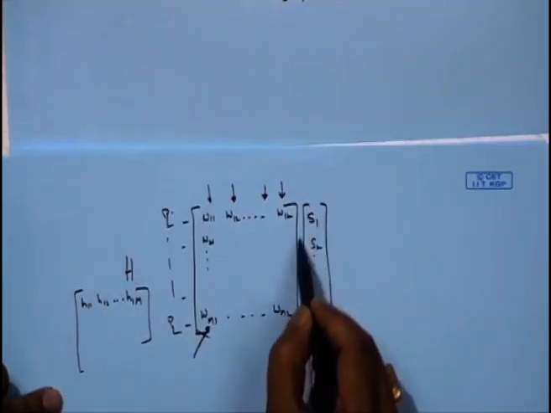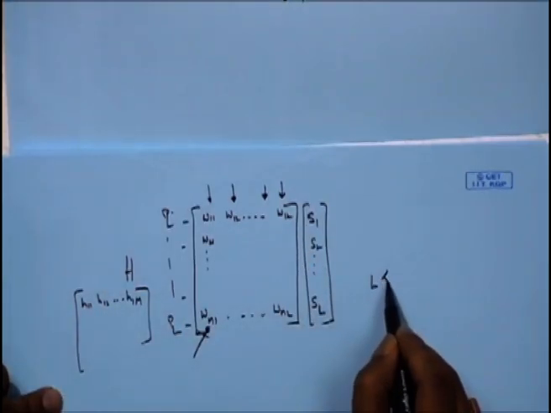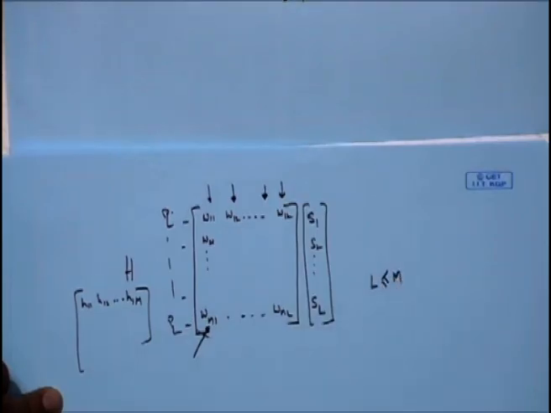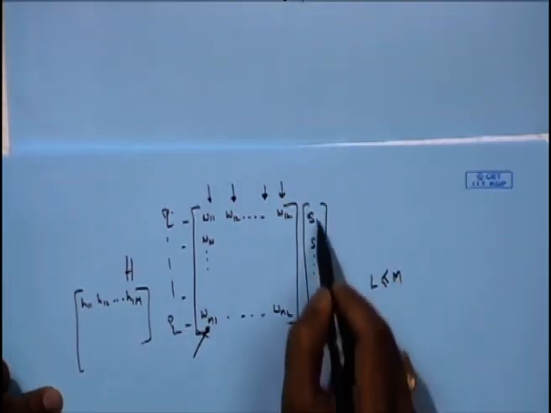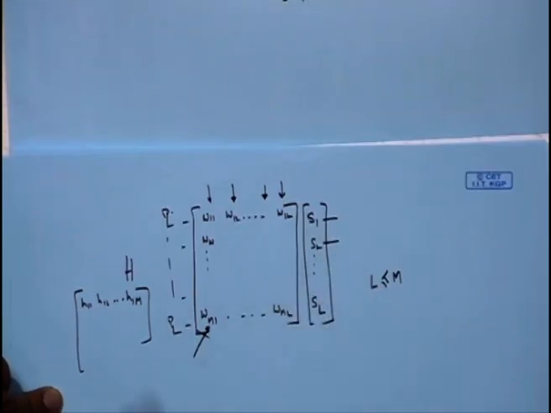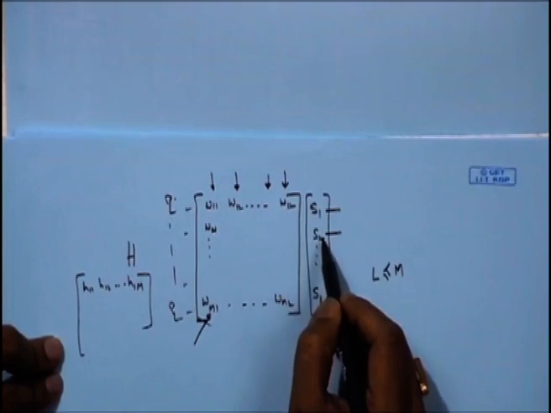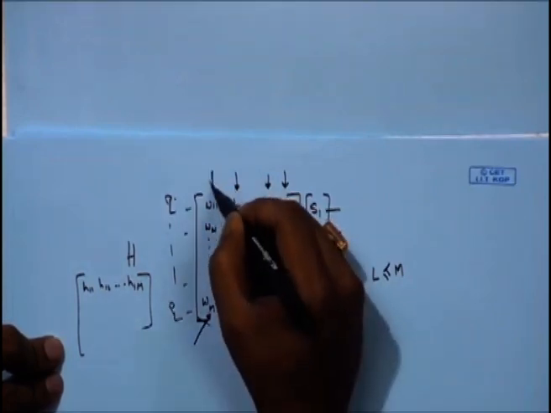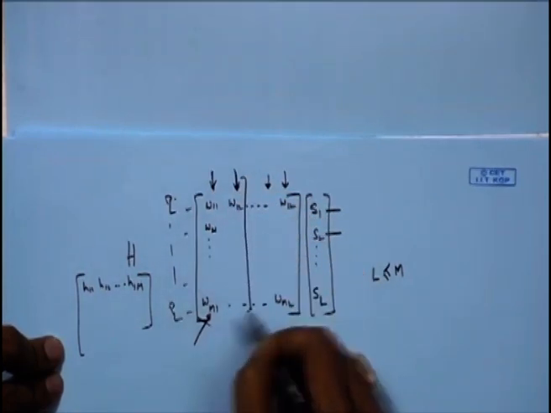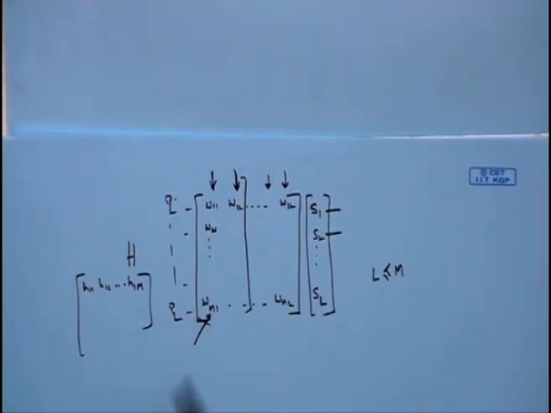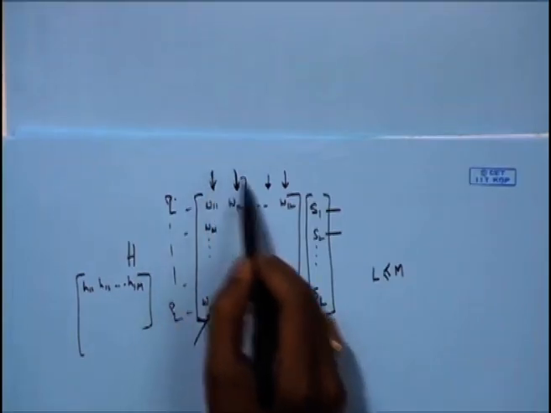So, if L is less than or equal to M, then we could reduce the number of streams. If my rank is a low rank channel, then I could choose only 2 streams, let us say, and I would choose any 2 columns, so that my signals are spread across all the antennas, but there are only 2 signals.